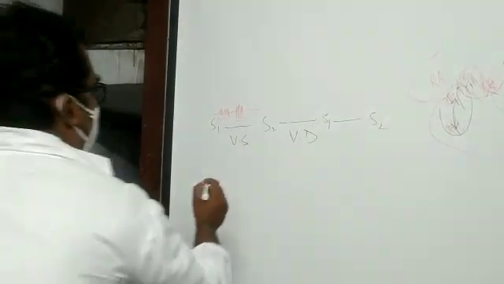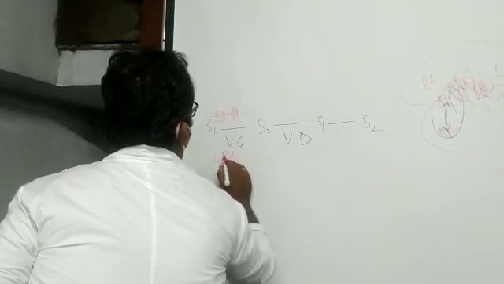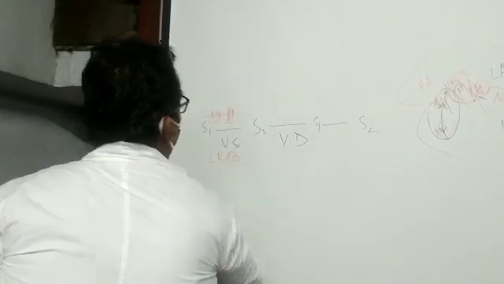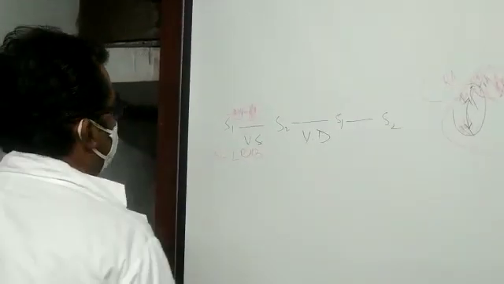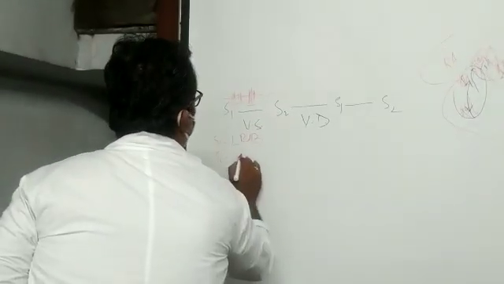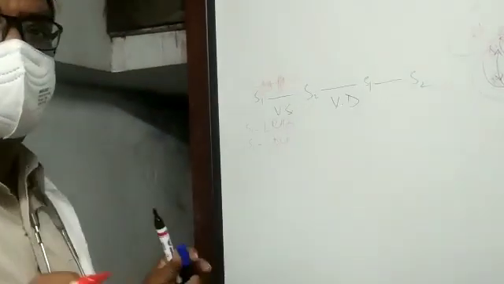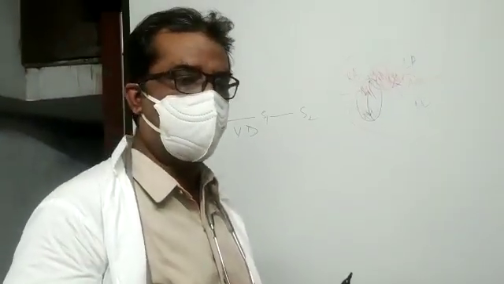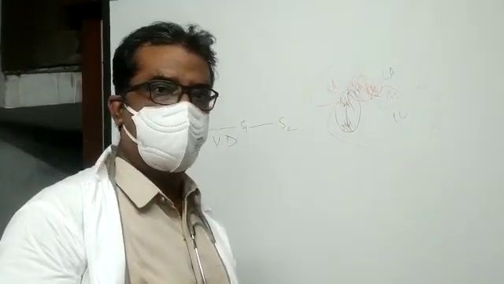Now the first heart sound is generally heard as lub, and the second heart sound is heard as dup. So how does it sound? Like lub, dup, lub, dup, lub, dup. Okay, like that, and they go on in a cyclical order.